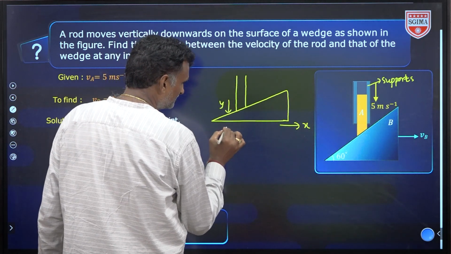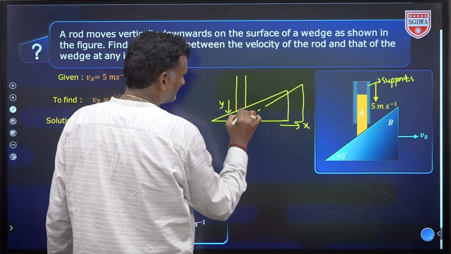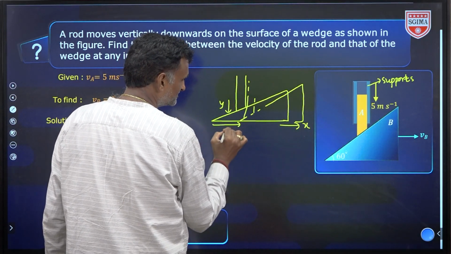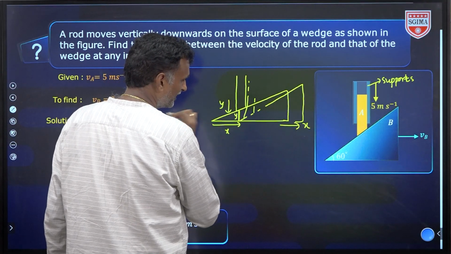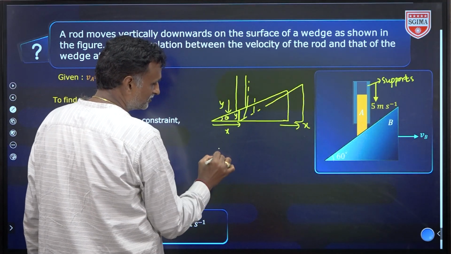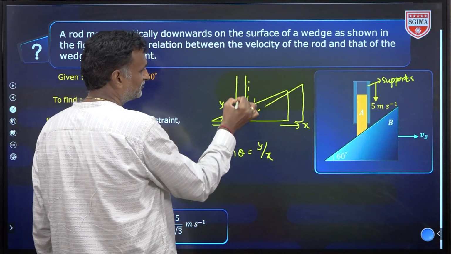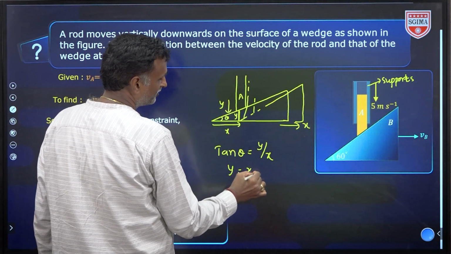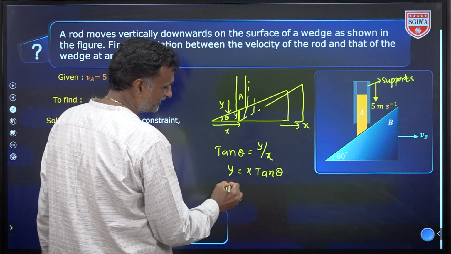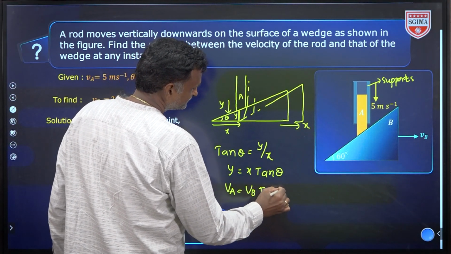So let me take for an instant, like this, and it has already fallen down like this. So I can take this is x and this is y. So now it is angle theta. So tan theta equals how much here, y by x. Y is the distance covered by A, so y equals x tan theta. Theta must be constant, and differentiating we get VA equals VB tan theta.